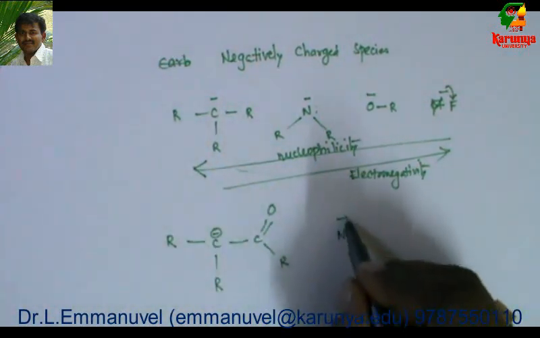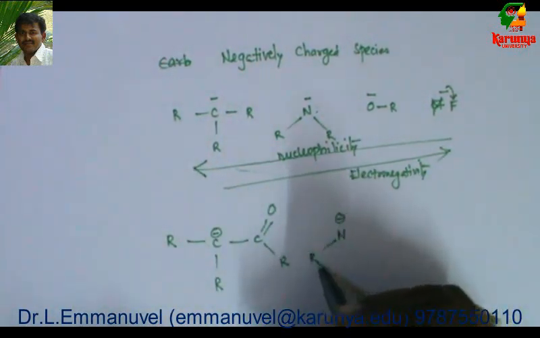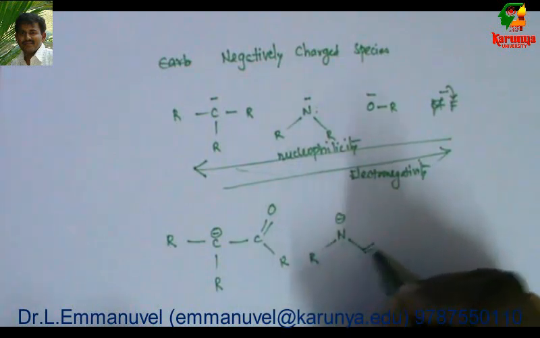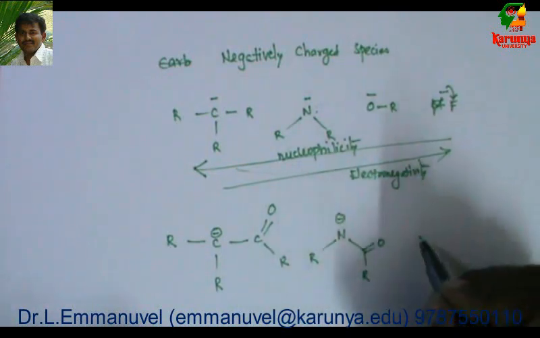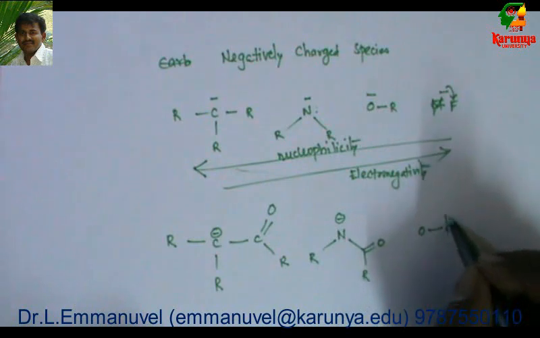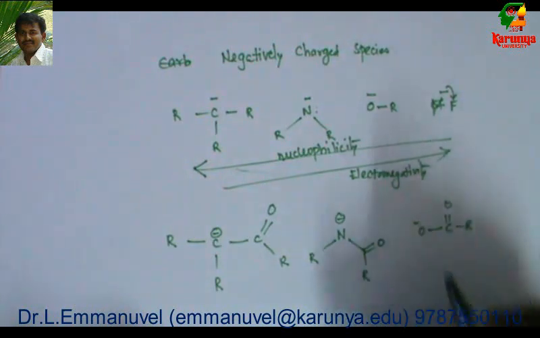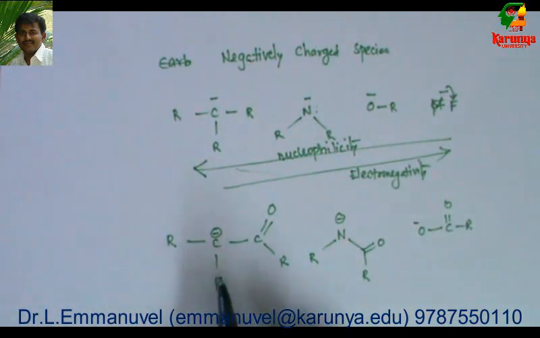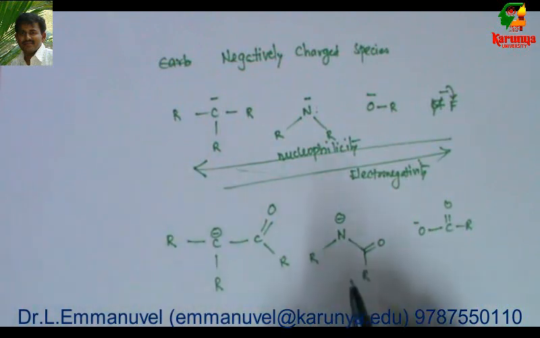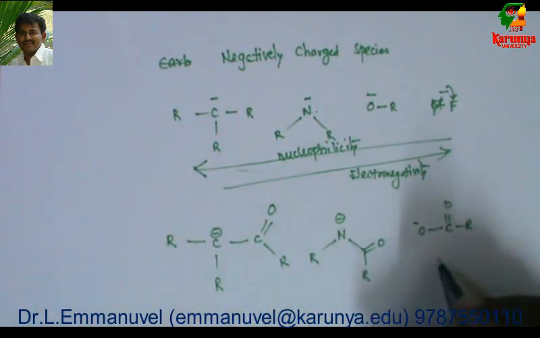Similarly, I replace one of the R groups with another group. Now it is nothing but a ketone. The carbanion generated from the ketone. This is nothing but an amide and this is nothing but an acetate.